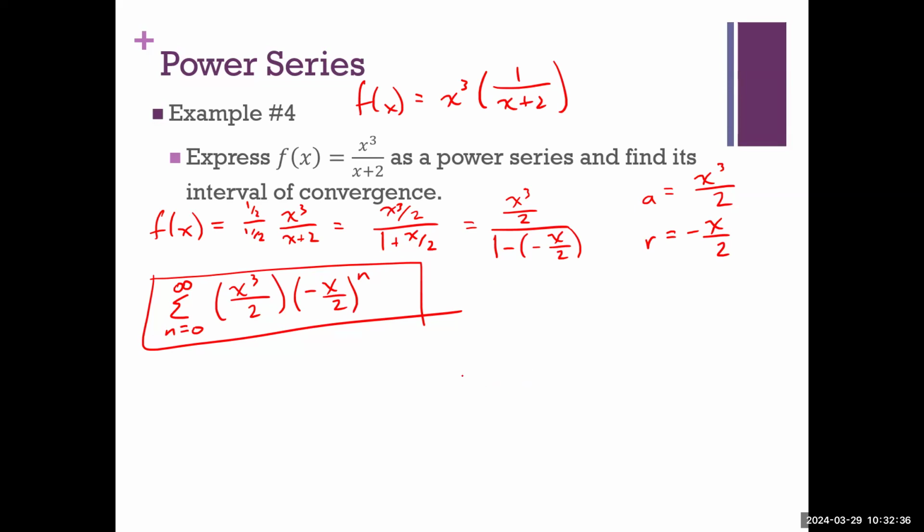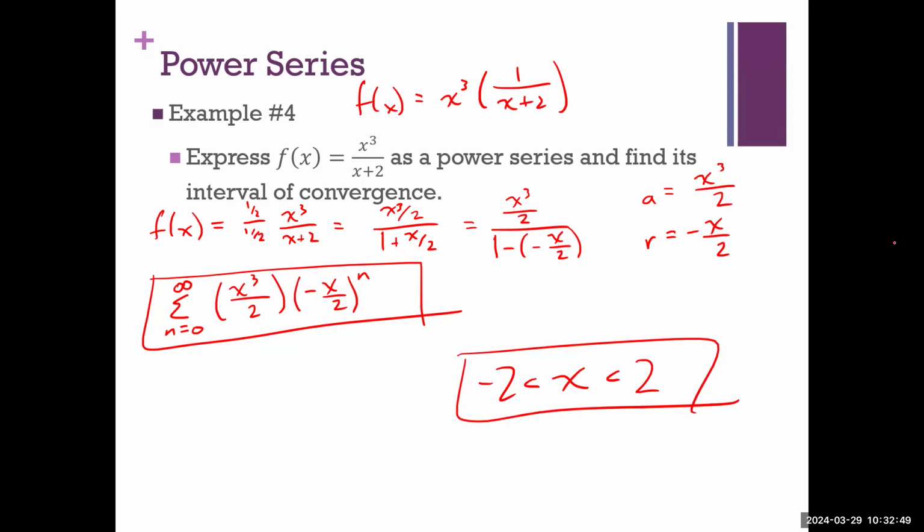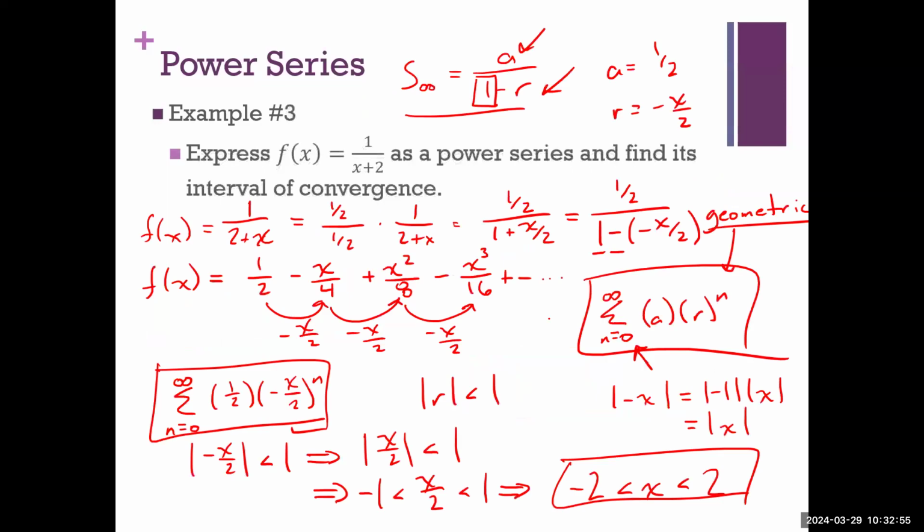Can we also say what the interval of convergence is? Should be the exact same thing. How come? Common ratio is the same. Yeah, in fact, I'll just go back to the last example, because we would find the interval the same way.